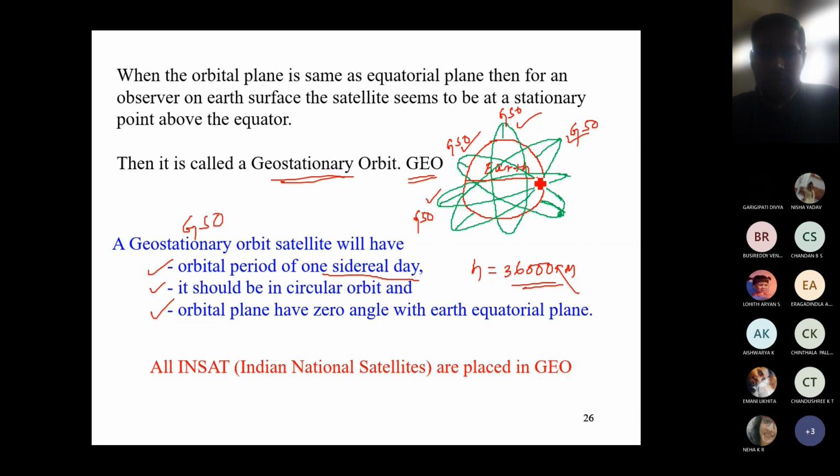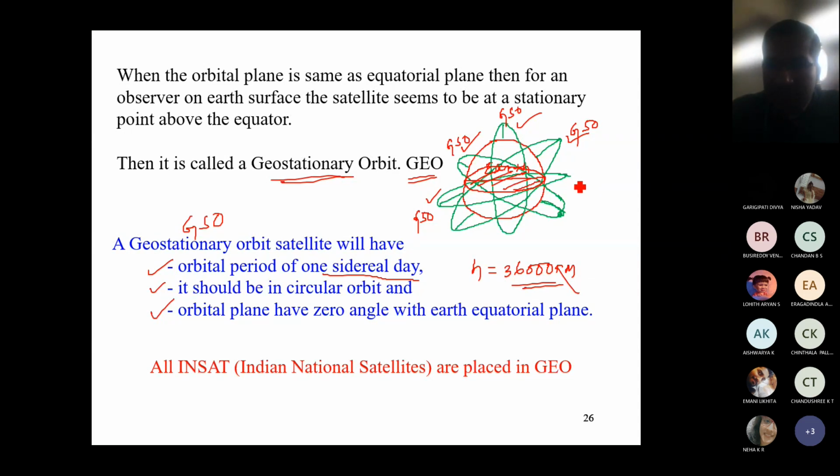The equatorial plane is like this. This is the equatorial plane. That means if you take the sphere of the Earth and make a complete cross section at the center of the Earth, then that plane is called the equatorial plane, or 0 degree latitude plane.